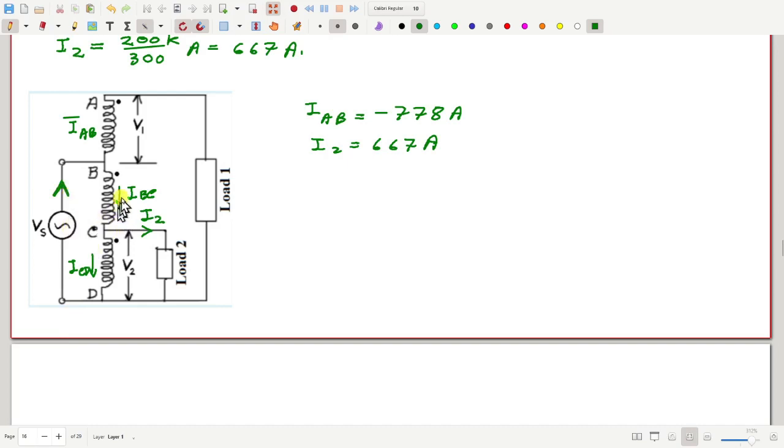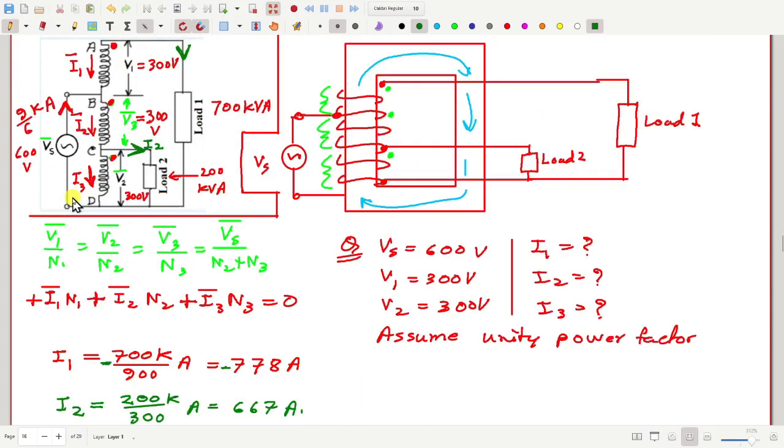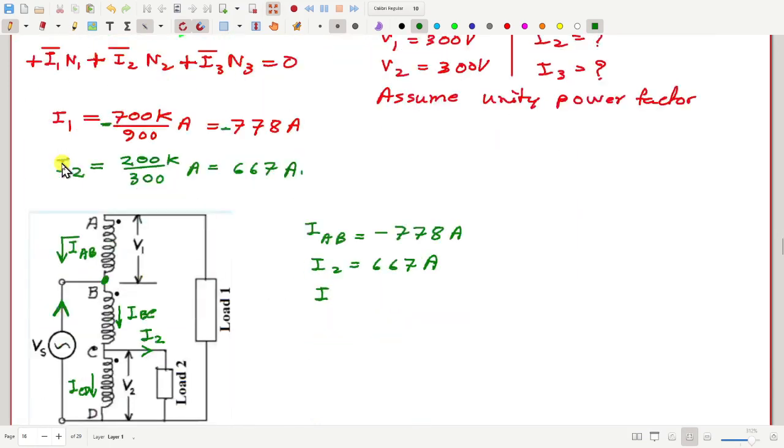Now applying KCL at this node, we can write, IAB is in this direction. How much is this source current? We found 9000 by 6 ampere.